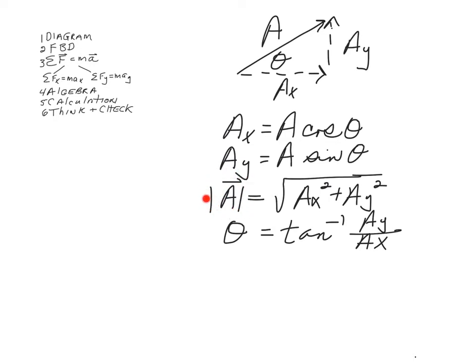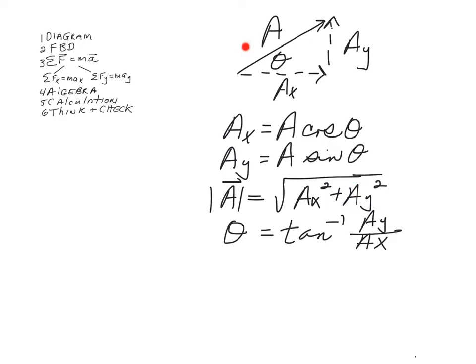This means the magnitude of vector A. It's always a positive number. If AX or AY is negative, it will square to a positive. So you've got to be careful when you use this that you put your parentheses in the right way. These two numbers will always be positive.